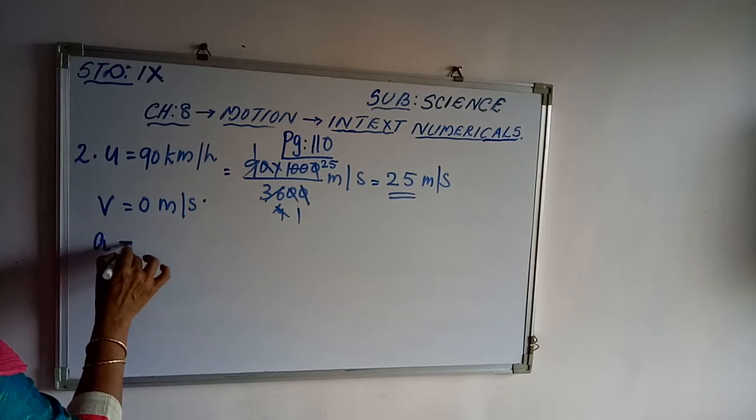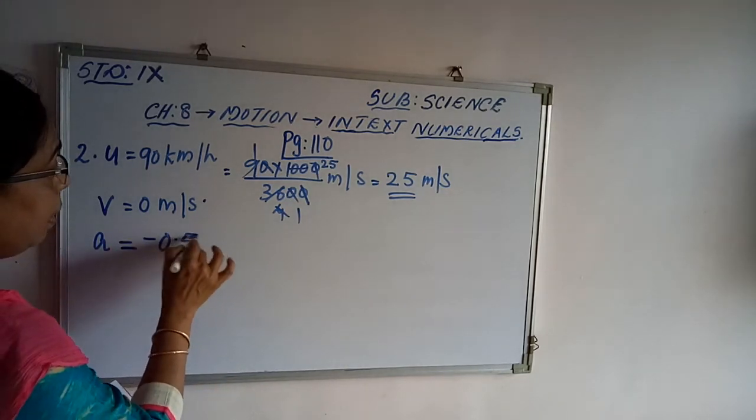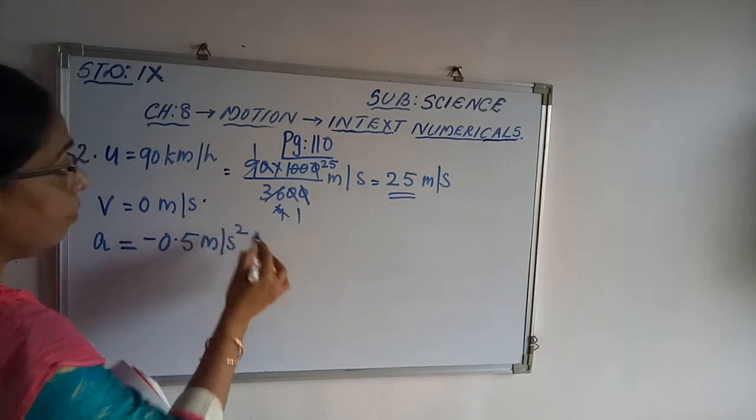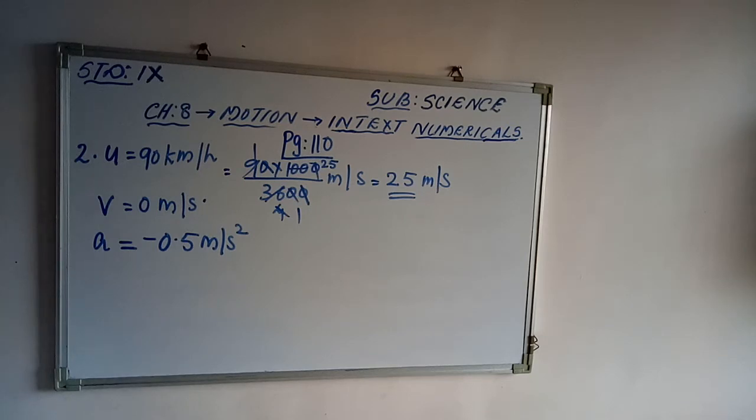So acceleration given, a is equal to how much? 0.5 meter per second square. As the velocity decreases, acceleration will be minus. So minus 0.5 meter per second square. That's the acceleration. Now, what you have to find out? How far the train will go before it is brought to rest.